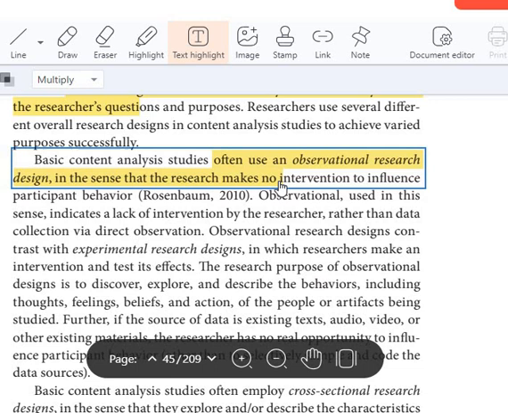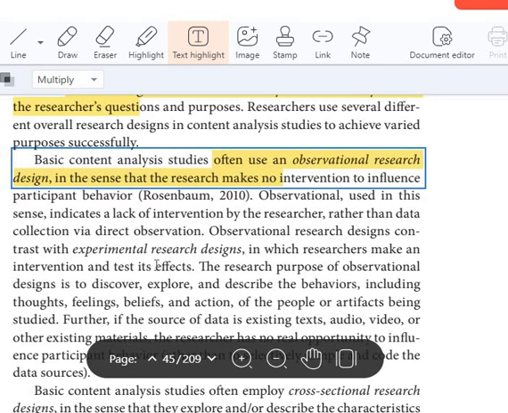It just observes, tries to observe the phenomenon ahead of him. So there's a lack of intervention by the researcher rather than data collection via direct observation. Observational research designs contrast with experimental research designs in which researchers make an intervention and test its effects. Here there's a comparison between observational and experimental.